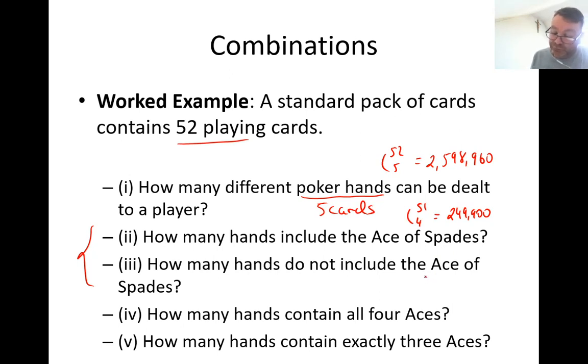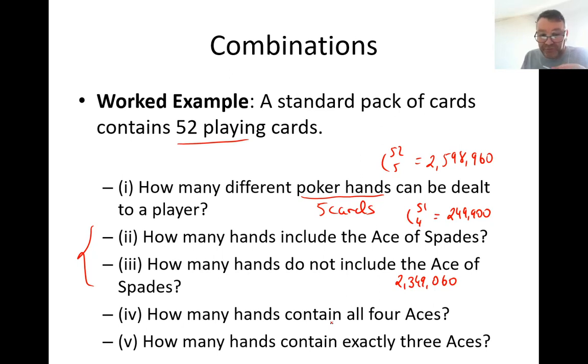So when you take 249,900 away from 2,598,960, you get 2,349,060.